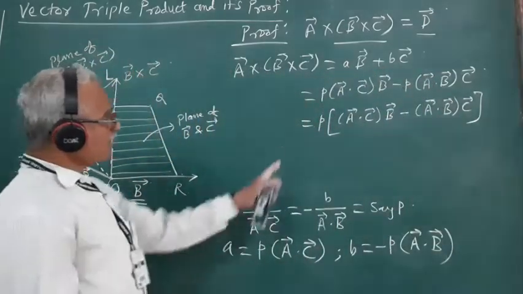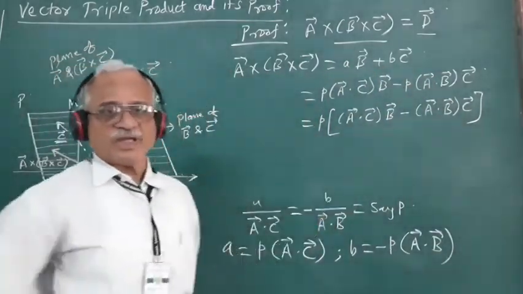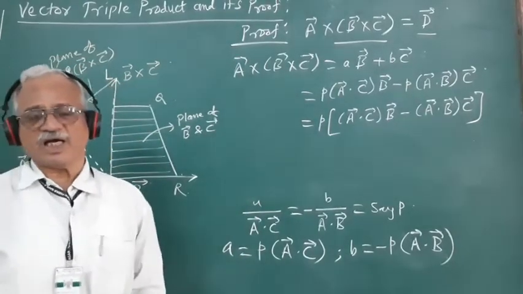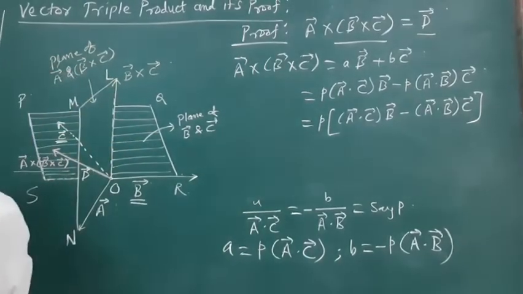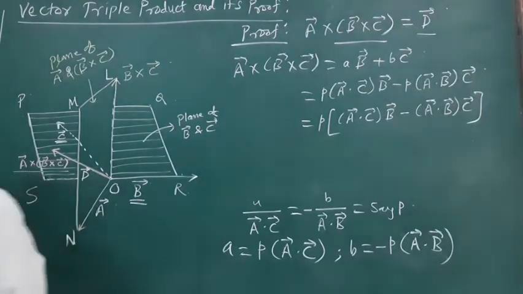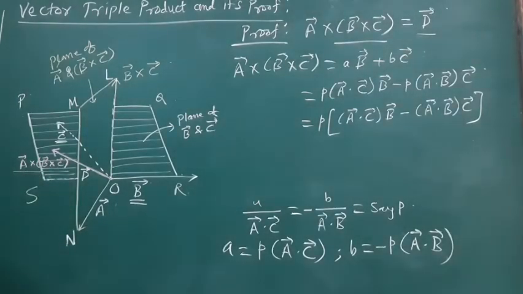We can find out the value of this P by using appropriate values for the vectors A bar, B bar and C bar.